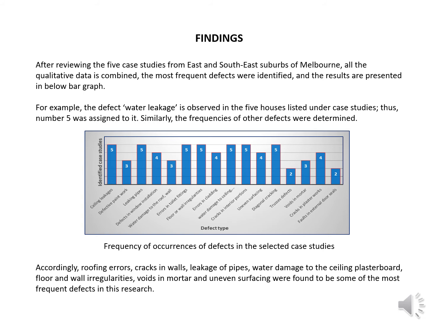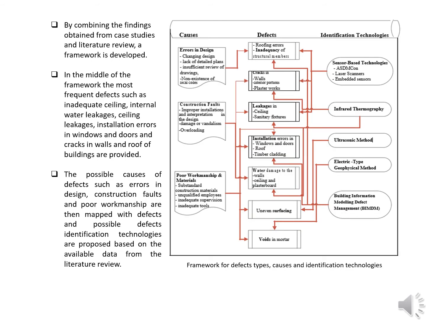Thus, the number 5 was assigned to it. Similarly, the frequencies of other defects were determined on the y-axis, and the x-axis shows different defects observed in all the case studies. Here is the framework of defect types, causes, and identification technologies.